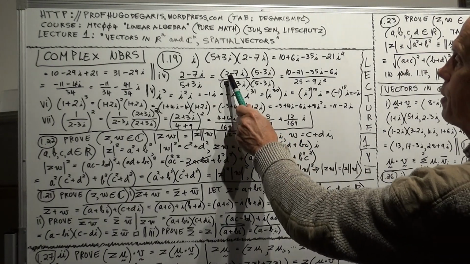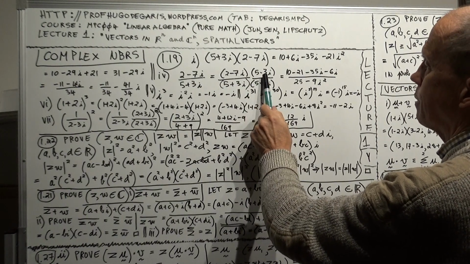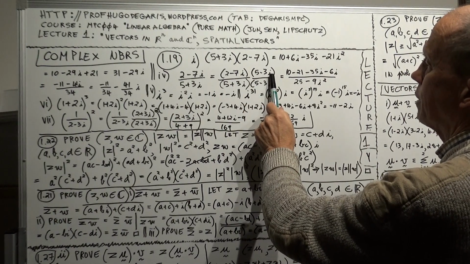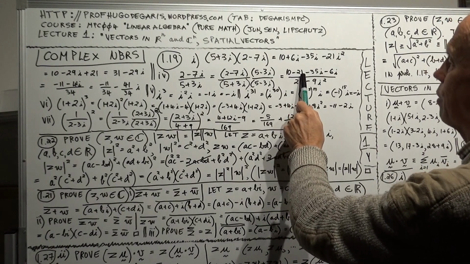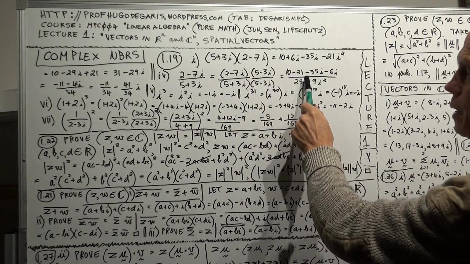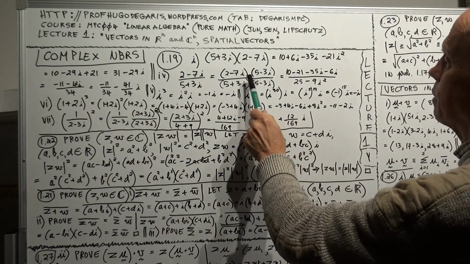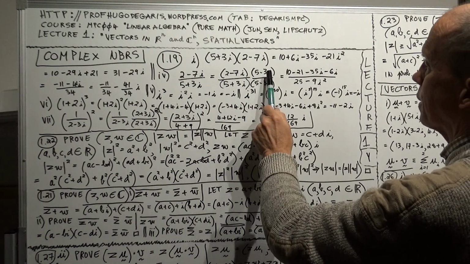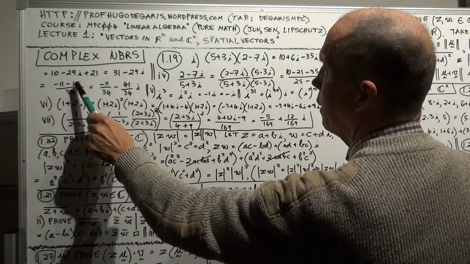Okay, now multiply the two terms in the numerator. So the reals will be, so you get 2 5s, that's 10, minus 7 times minus 3i squared, so that's plus 21, i squared is minus 1, so minus 21, so you get 10 minus 21, so that's minus 11 here. Now for the complexes, you'll get minus 35i and minus 6i, so that's minus 41i here.